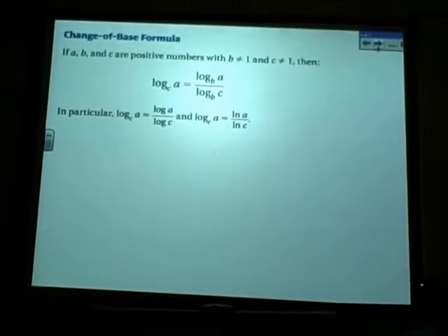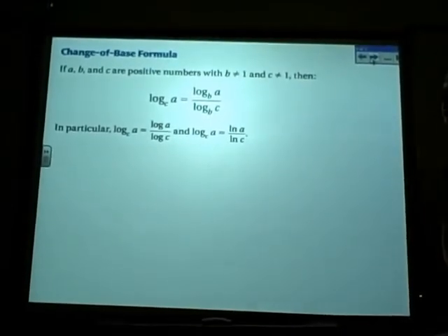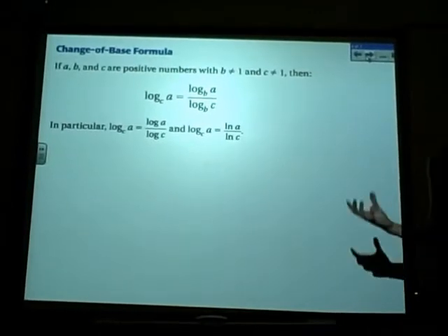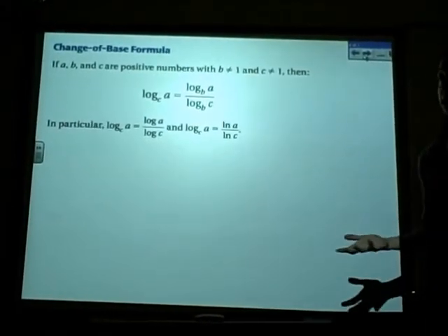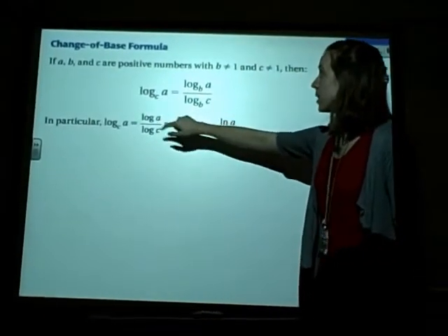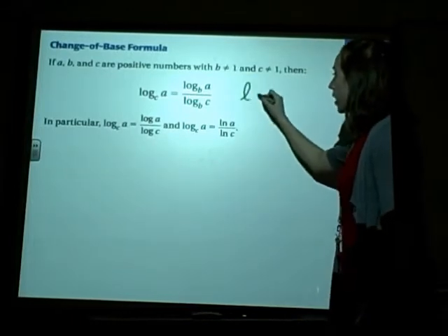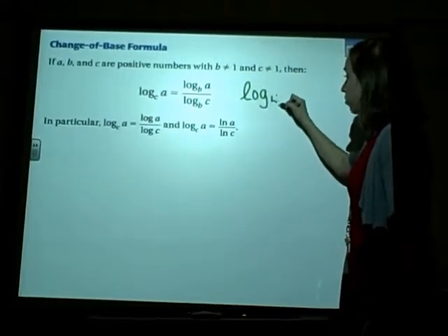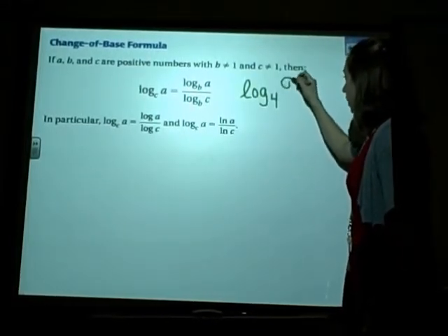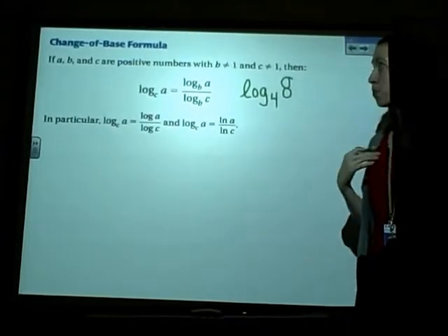Okay, so this is the change of base formula. This is a formula that I would use if I have a different base other than 10. We can change that now. So if we have, and this C stands for some base, so let's say we had log base 4 of 8. I can rewrite that using a base that I want.